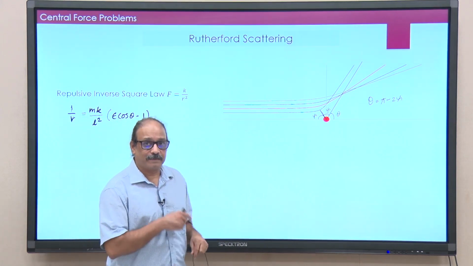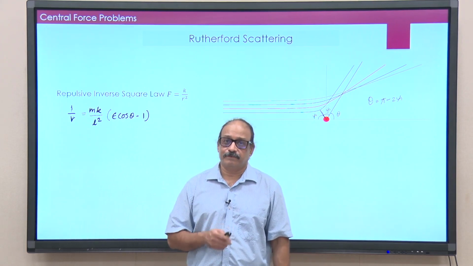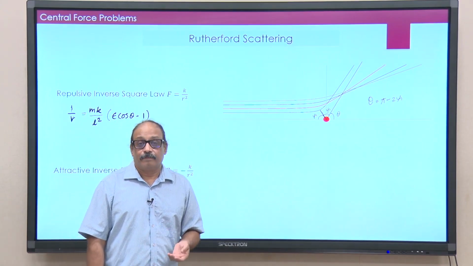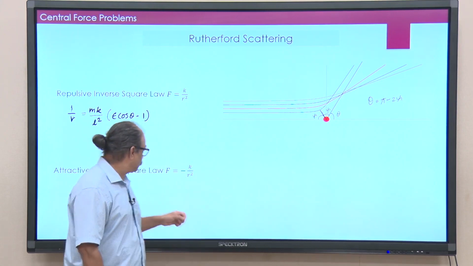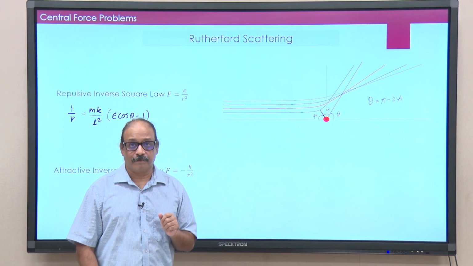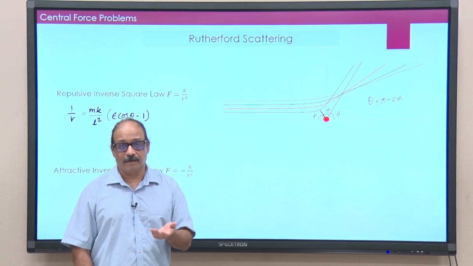Now, if I replace this by an attractive inverse square law, then I get this extra minus sign there. What kind of trajectories do you expect? We have talked about the attractive inverse square law last week, with all possible trajectories.